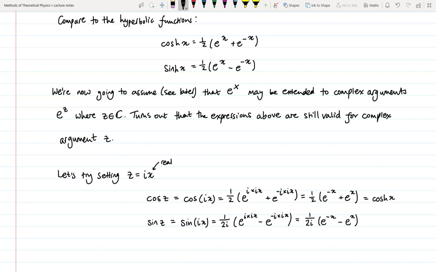And with a bit of manipulation, you can show that this gives you i times sinh of x.